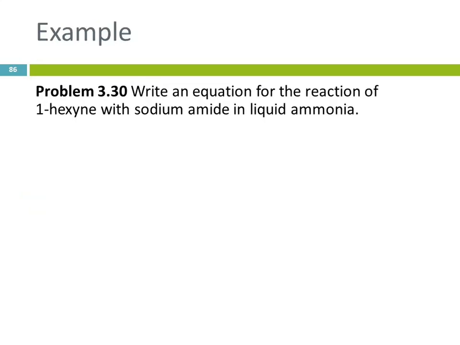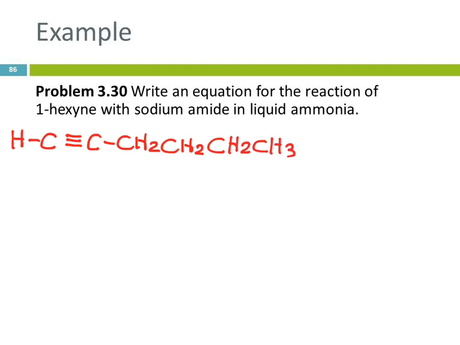So let's draw that. 1-hexyne would be HC triple bond C, CH2, CH2, CH2, CH3: 1, 2, 3, 4, 5, 6.